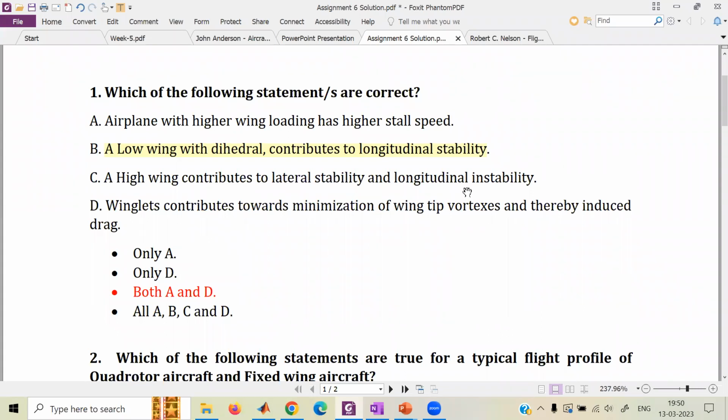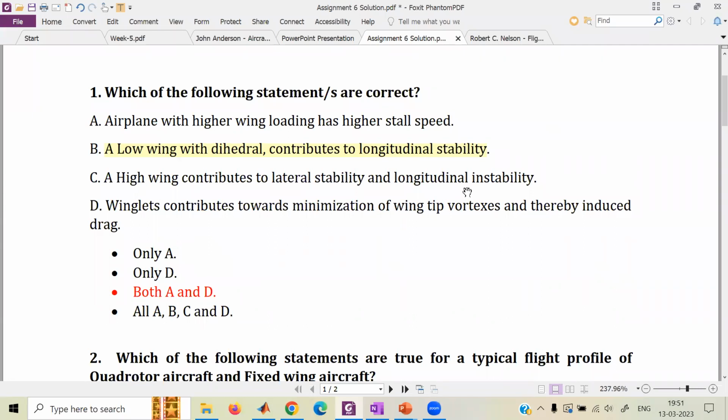Sir, I just know the fact that a high wing is not as longitudinally stable, but the reason as such I don't know. It's because of the moments that I can recollect. Okay, drag moments. Aripendra, why is a high wing bad for longitudinal stability? So actually, I also don't know about the longitudinal stability. Maybe it is because the mass is hanging below the wing. Maybe it could be a factor.